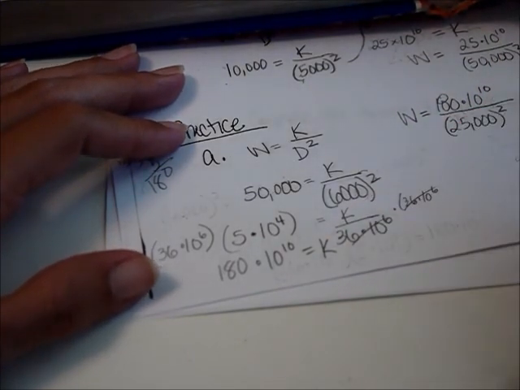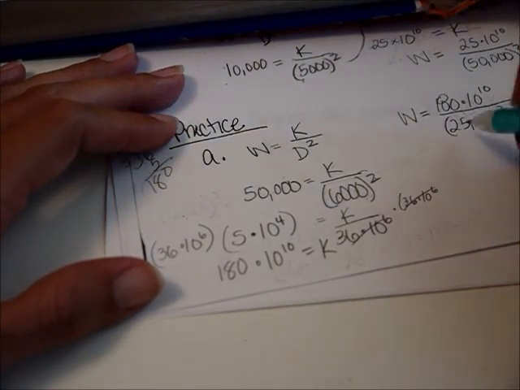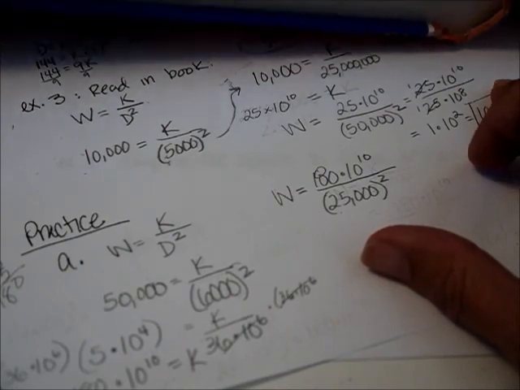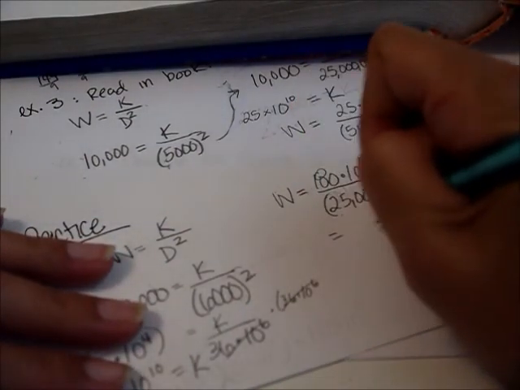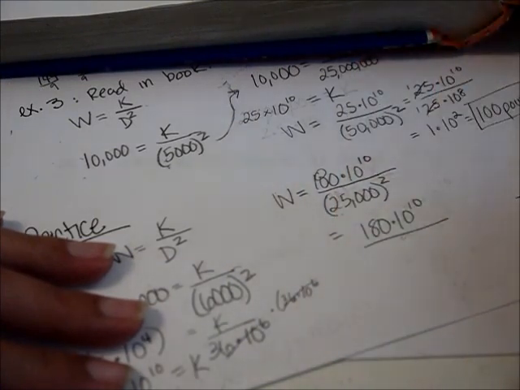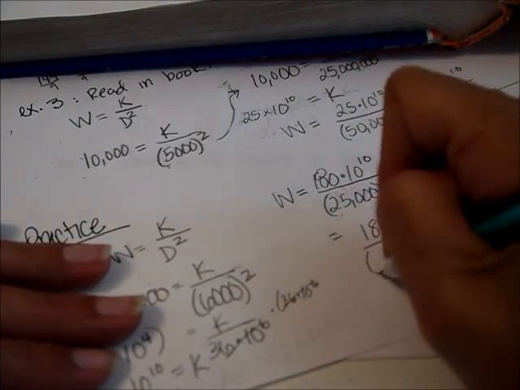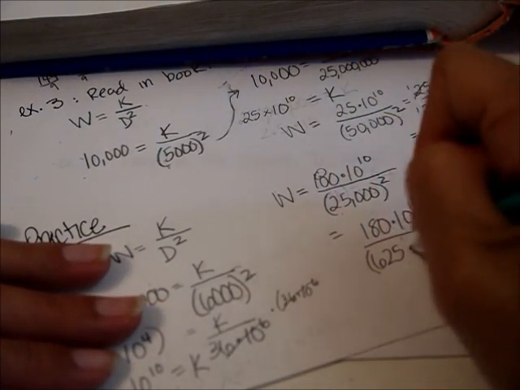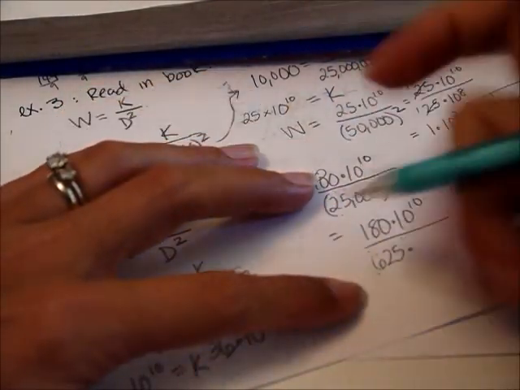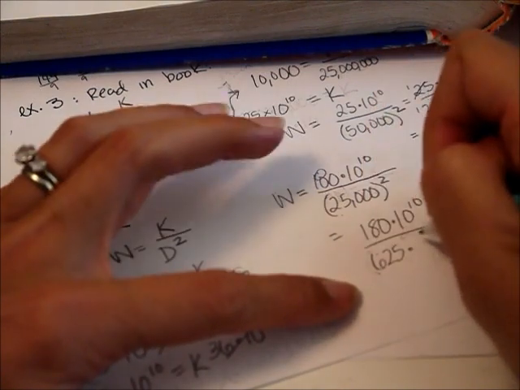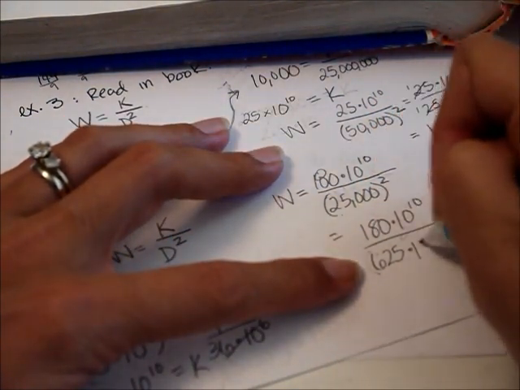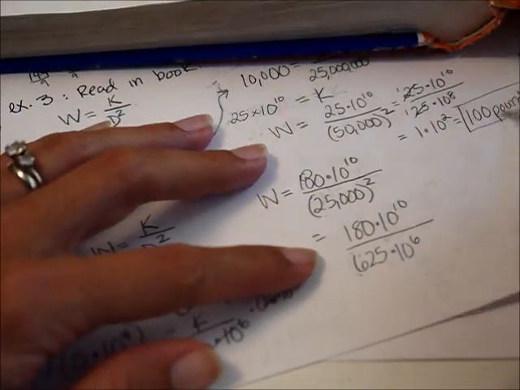So we're going to have to square 25. Do we know what 25 squared is yet? Is it one you have memorized? I hope so. 25 squared is 625, so that's 625 times 10 to the 6th.